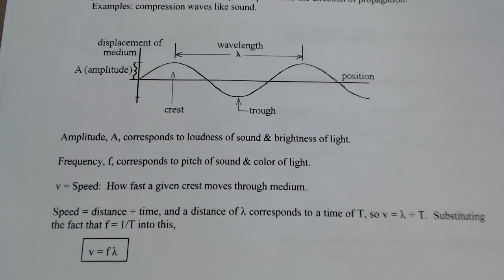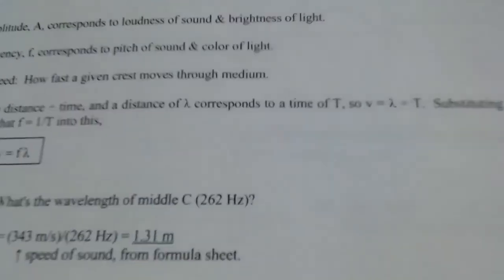And of course, all this stuff is on your formula sheet, the frequency of a harmonic oscillator at the top of the page, and this thing down here at the bottom. The speed of sound and the speed of light are on the formula sheet also. I can't remember if I wrote them right next to the formula or stuck them in a table further back, but all of that is available to you when you'll need it most, such as during some sort of a test.